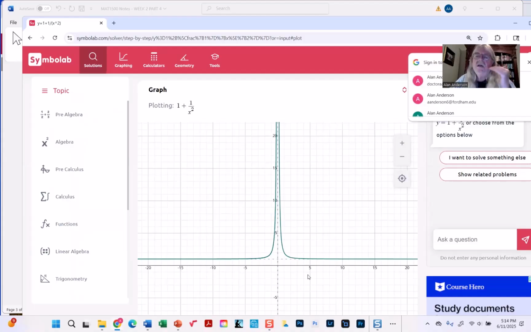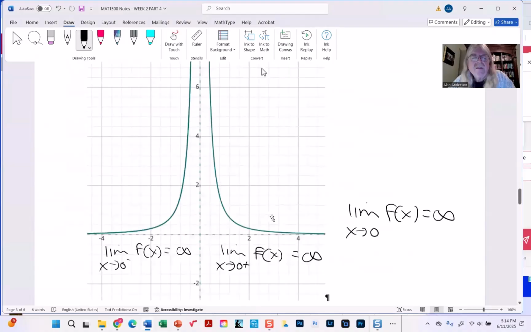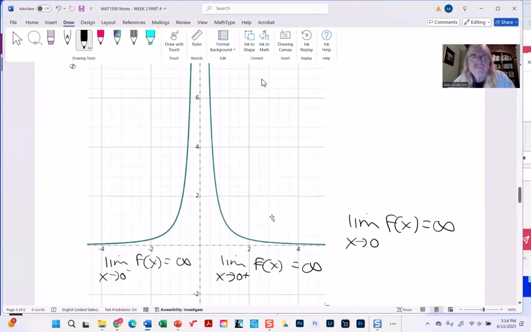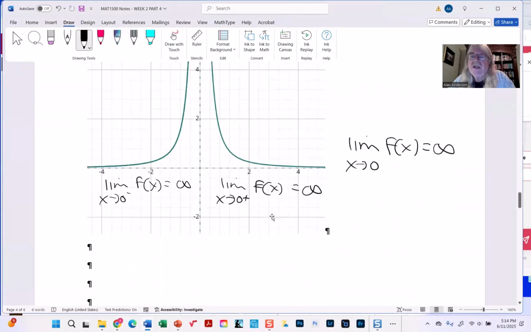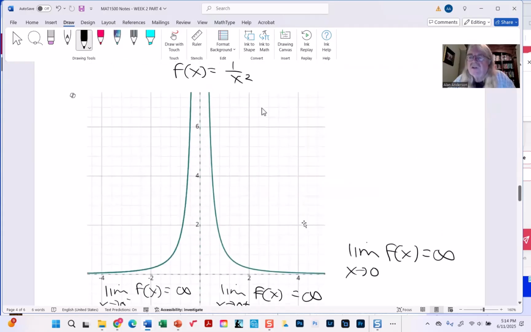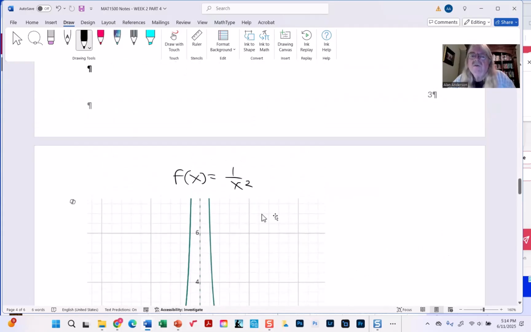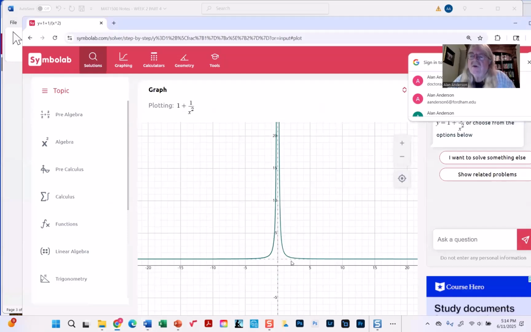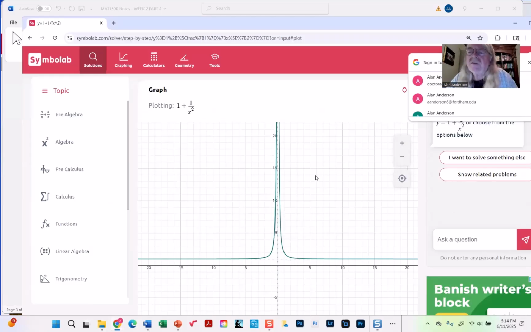Essentially, if you notice from the previous graph, the horizontal axis is an asymptote, because the function can never actually reach zero. So this one has a horizontal asymptote at one. In other words, you're basically taking the same graph and shifting it up by one. So therefore, its behavior is going to be very, very similar. It's going to have a limit of infinity. The difference is where we find the horizontal asymptote.